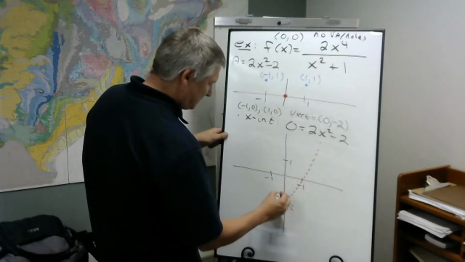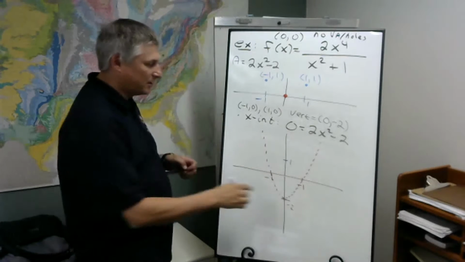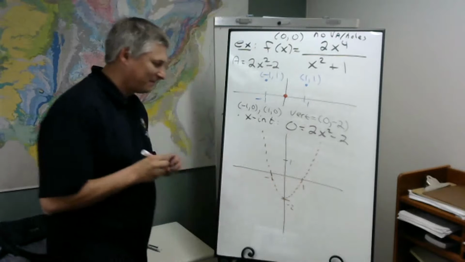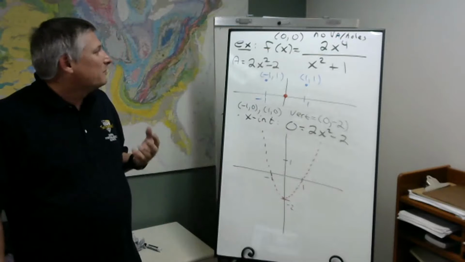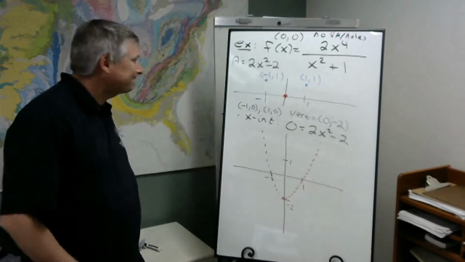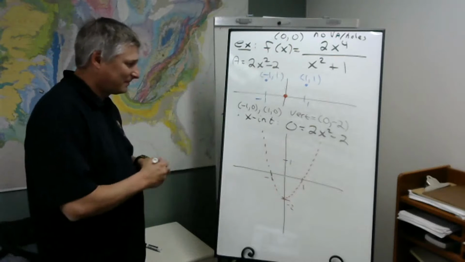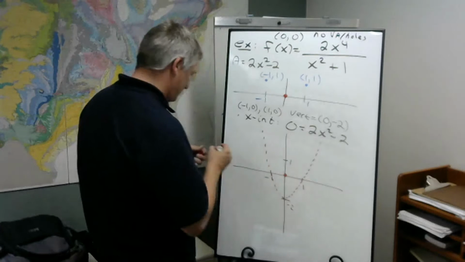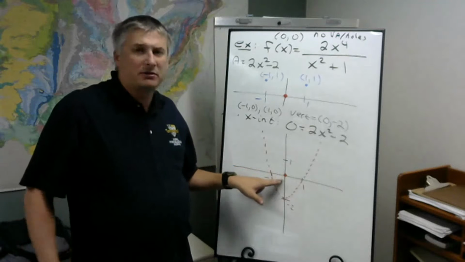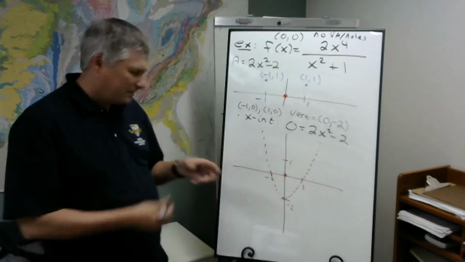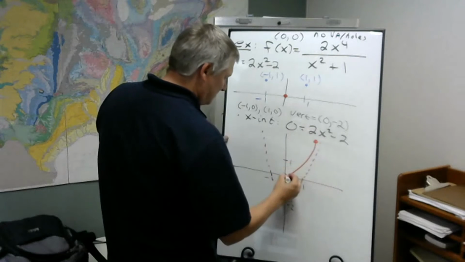We have a vertex here, and it passes through the x-axis at -1 and +1. Now our actual function, though, the y-intercept and the x-intercept turned out to be the same point, 0, 0. And doing our analysis, we figured that this is never going to cross this asymptote.